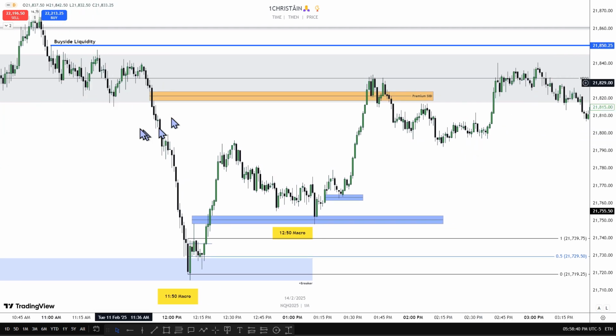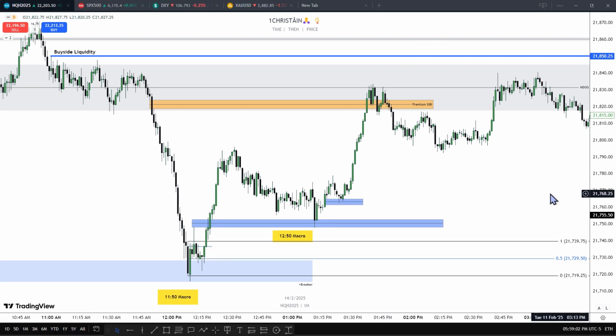So I was anticipating that we most likely won't reach towards the upside, because what's sitting right here, your NWOG, is already a draw on liquidity. And if you see so much back and forth, most likely price would take a lot of work before price can do what? Take it out.